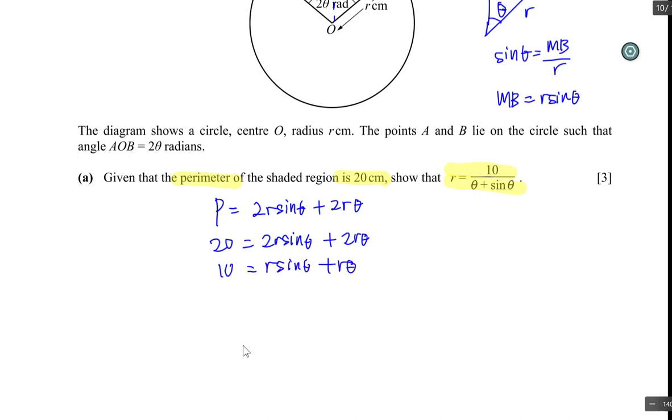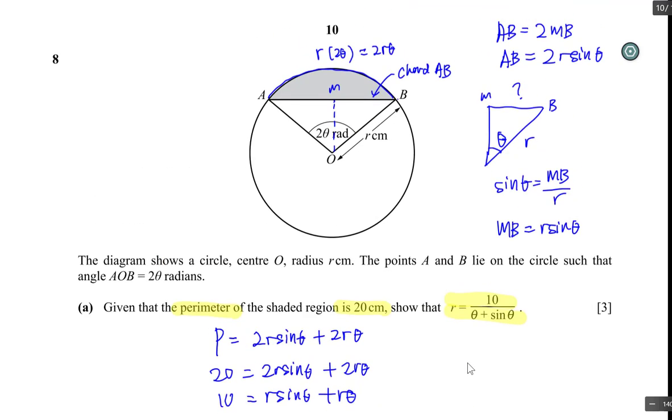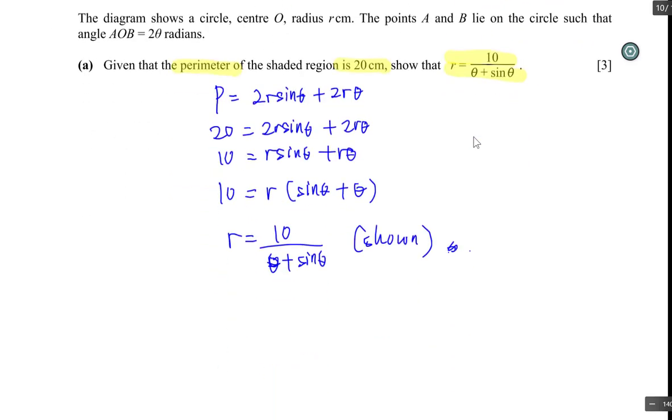Then to make r the subject, I factorize out the r, so r equals 10 over theta plus sine theta. I think the hard part is finding the length of AB, but if you know the trigonometry, it shouldn't be too hard for you.